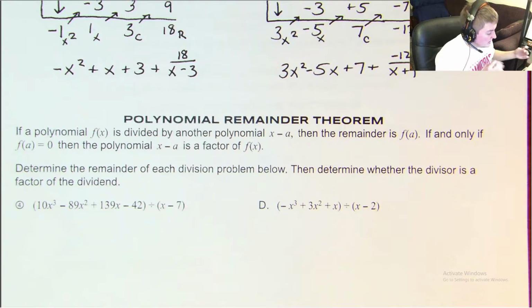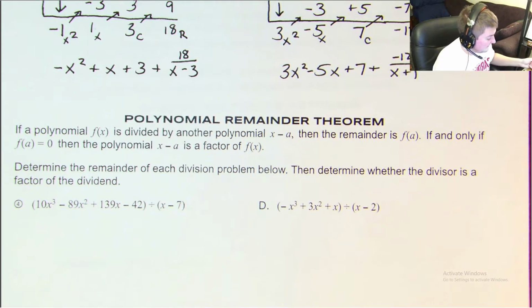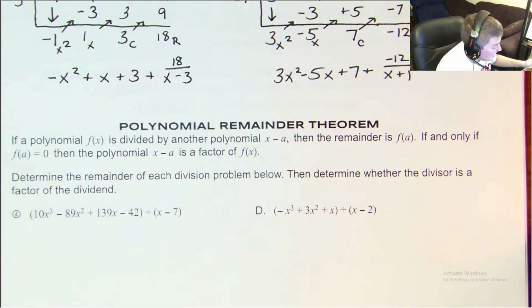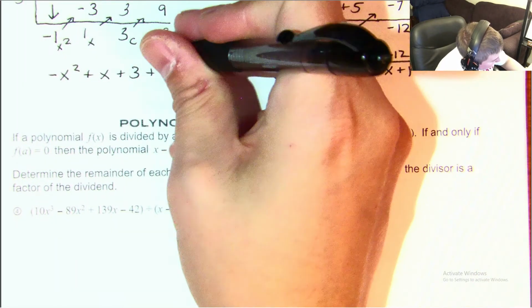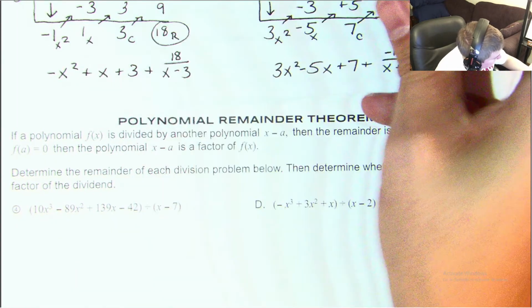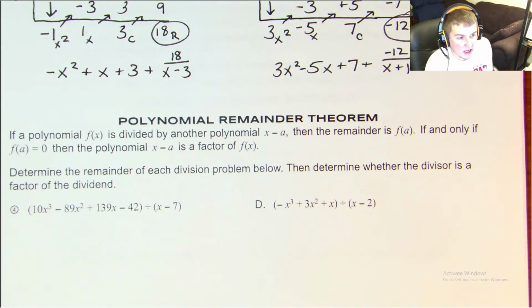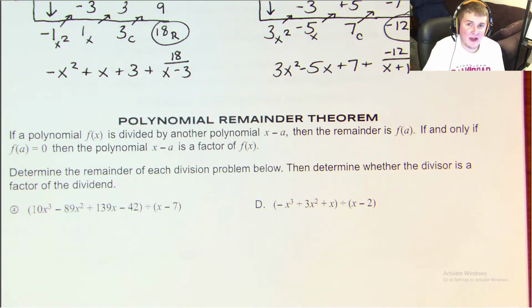Now, let's just talk about what is or is not a factor very quickly. As this is my remainder here, and this is my remainder. Essentially, if I have a remainder, just like at the beginning when I divided 7 by 4, that means that 4 doesn't divide into 7 evenly. As opposed to if I were to divide 4 into 8, it would go in there exactly twice, nice and neat.